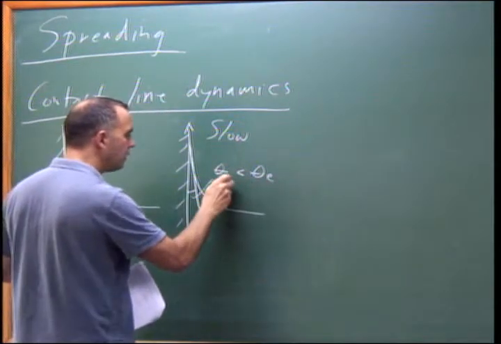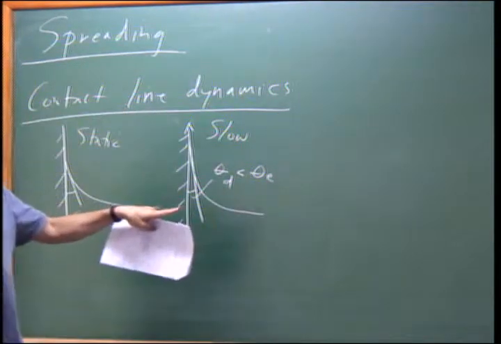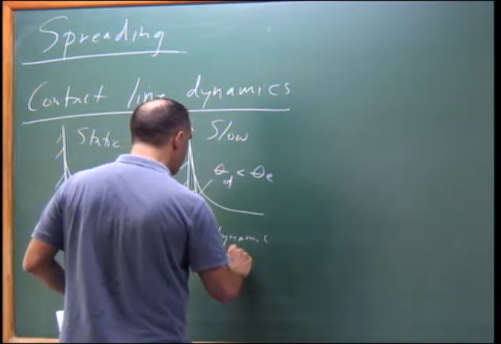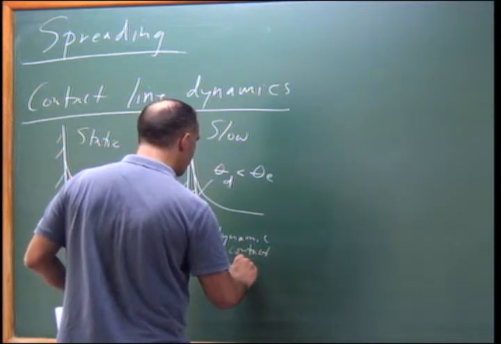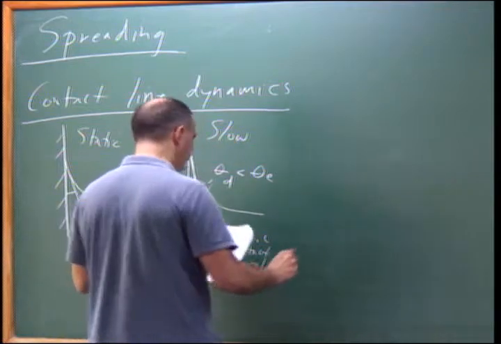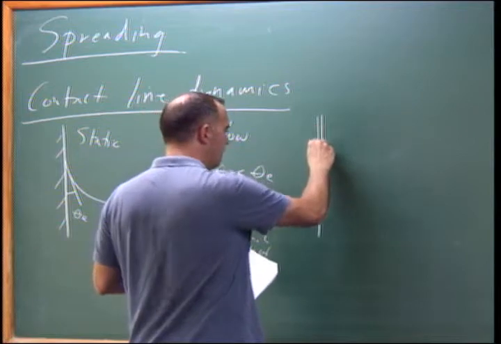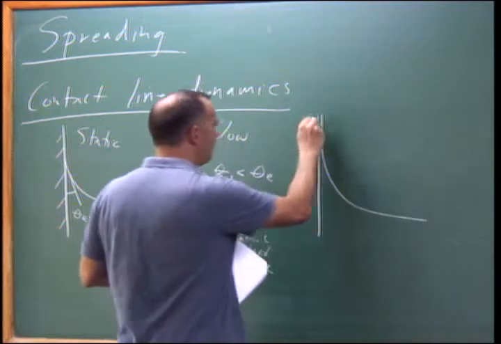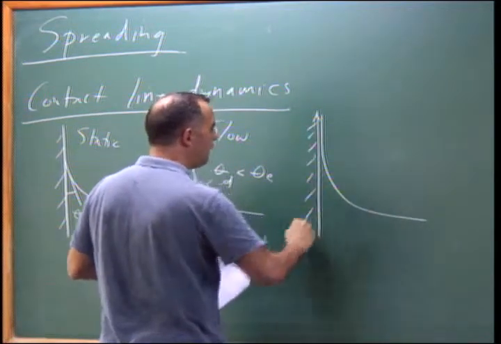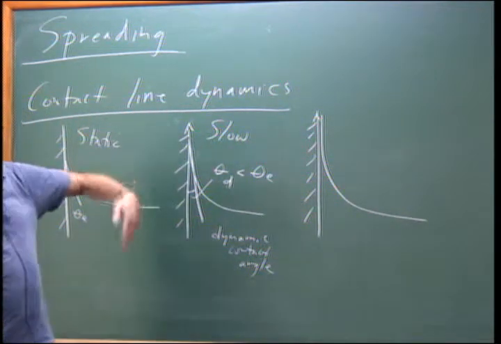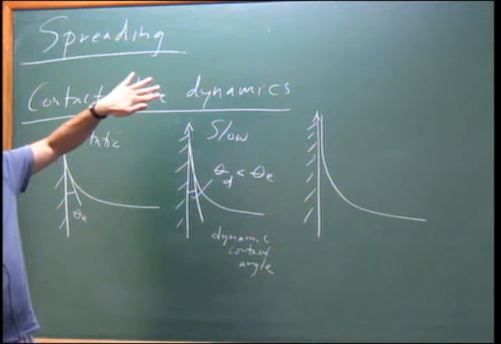So this is a dynamic contact angle. If you go faster, then the contact line doesn't have time to move, and it basically gets stuck, and you place a film on the surface.